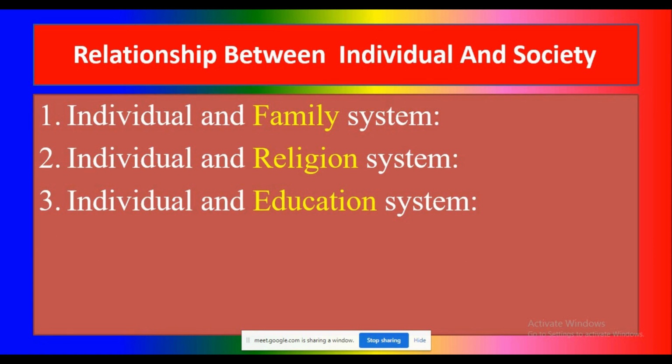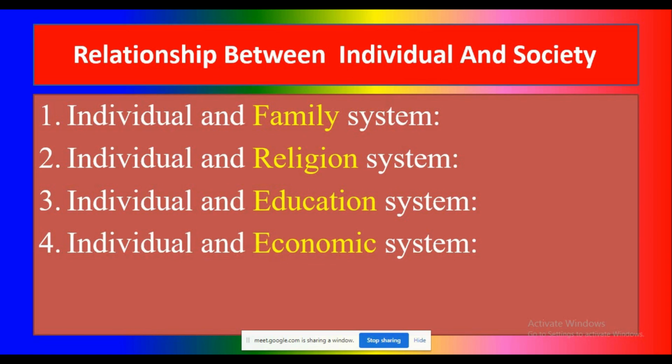Third, individuals need education to develop their personality and their status: economic status and educational status. Fourth, individuals need an economic system to improve their economic status and fulfill their desires.